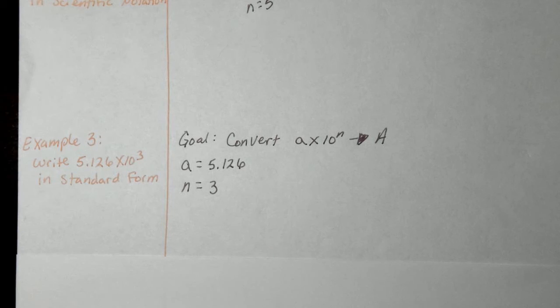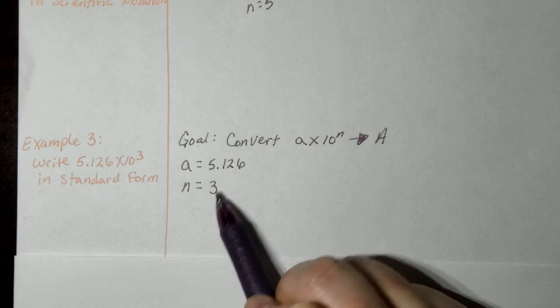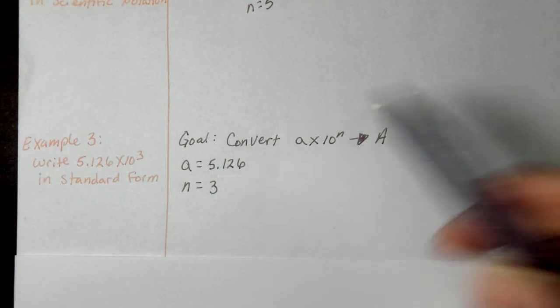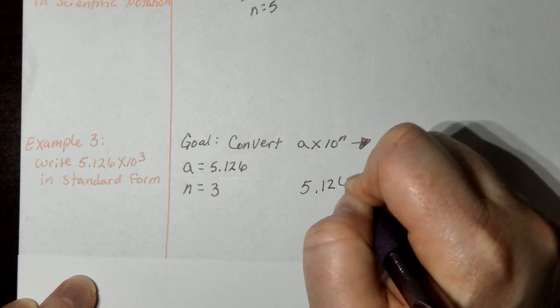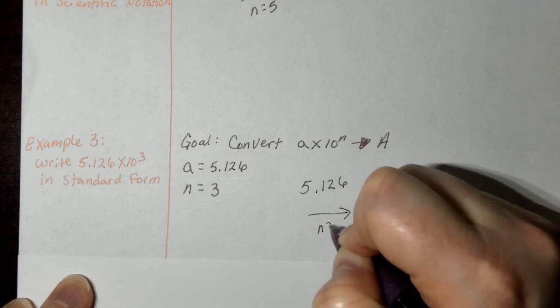Okay, so let me read my instructions for how you change scientific notation into standard form. Well, it tells me that if n is greater than 0, which it is, then I move the decimal to the right that many places. So I'm going to write out 5.126, and I'm going to move to the right 3 times.